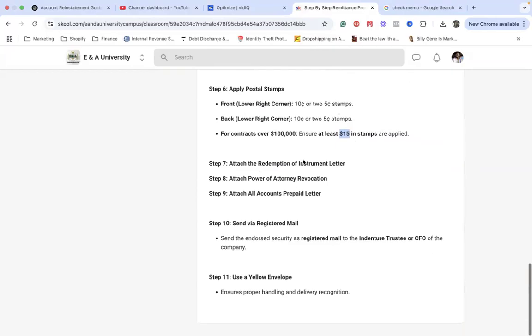And these are the additional documents I'm going to be sharing with you guys. You're going to need to attach the redemption of interest instrument letter, and I'm going to walk you through that at a later call, because I'm going to do a second or third video of this, but this time I'm going to be walking you guys step by step virtually on how to endorse it.